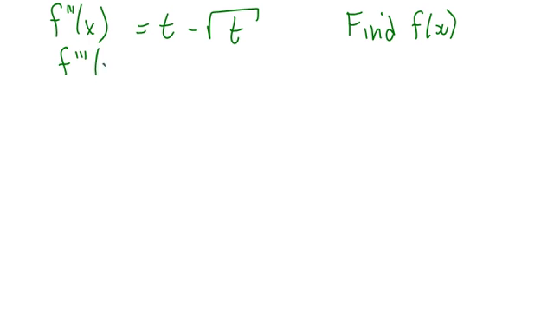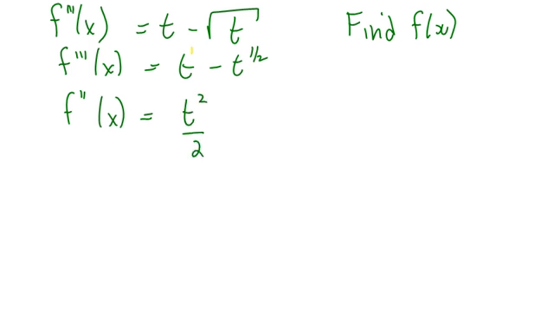Before I start, I'm going to write this as a power, so that's t to the half. Then in order to get to my second derivative, I am going to raise this exponent by 1, so add 1 and divide by the same power. Here I'm going to add 1, so I'm adding 2/2, which is to the 3/2, and divide by 3/2.